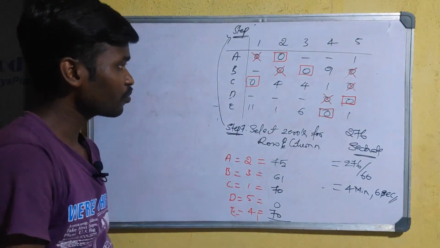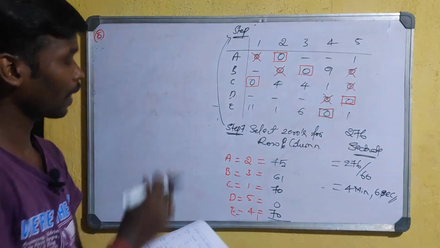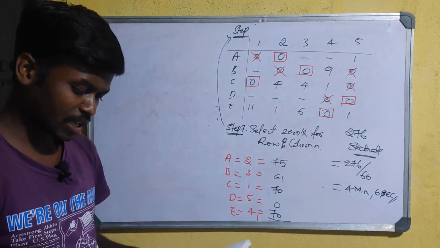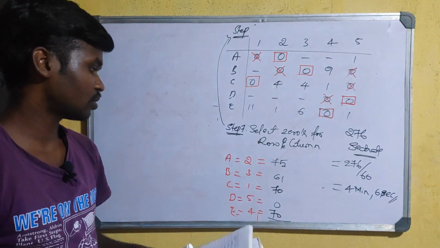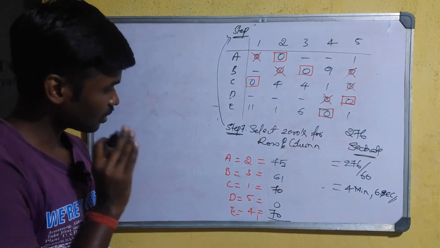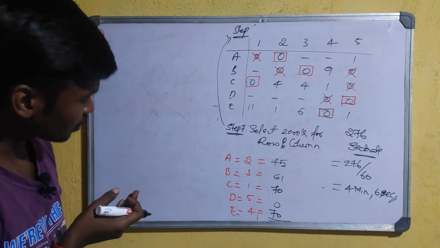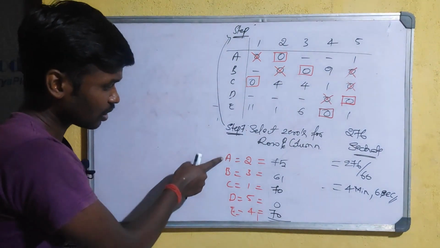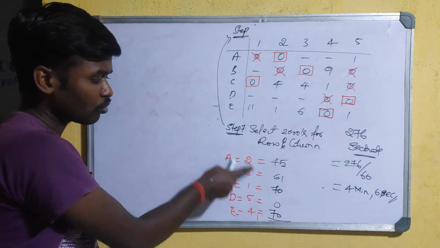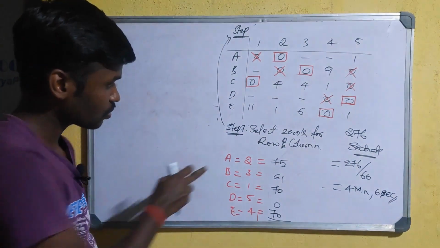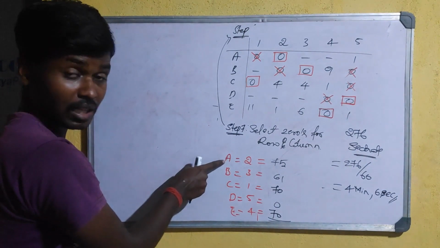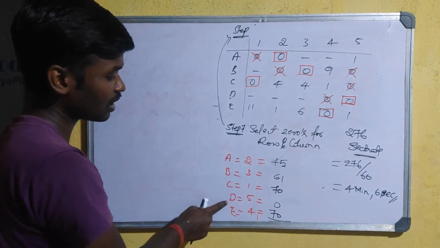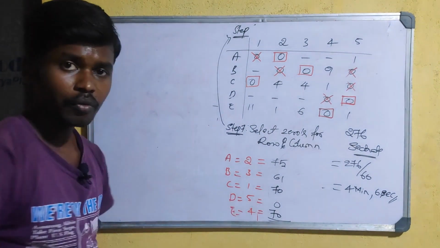Now see the problem again. Which swimmer should be assigned to which swimming style? We have already completed and given the solution for the first question, that is, the different swimmers will be allocated to different styles. So A, that is swimmer A, to the second style, B to the third style, C to the first style, D to the fifth style, and E to the fourth style.